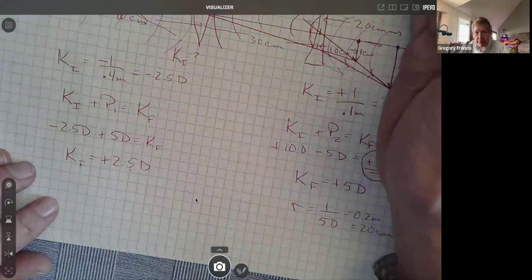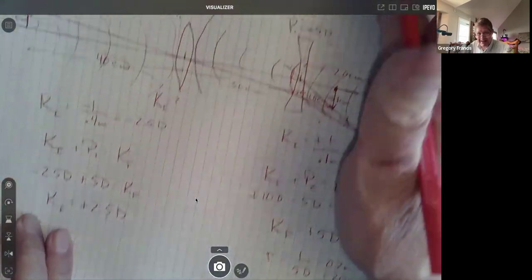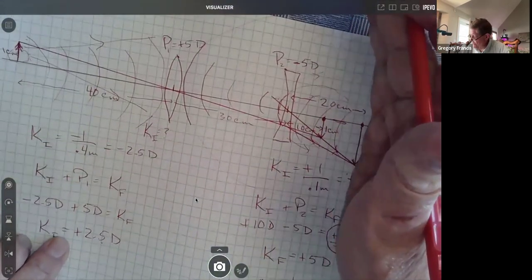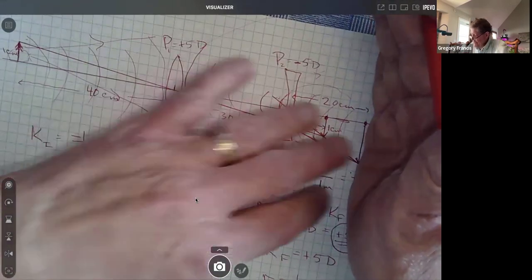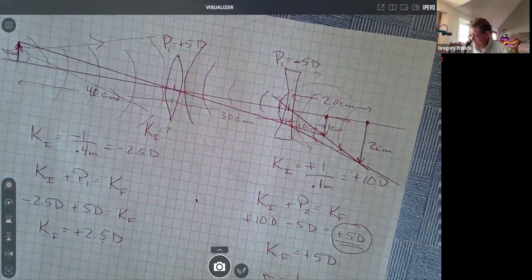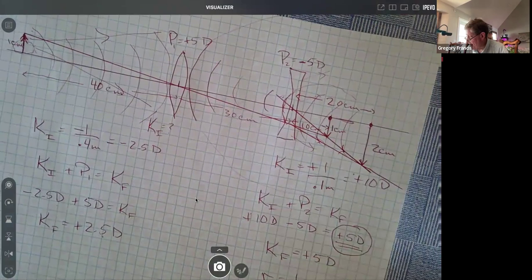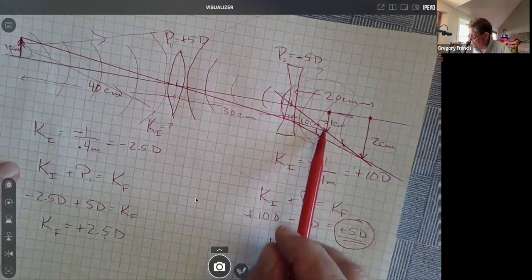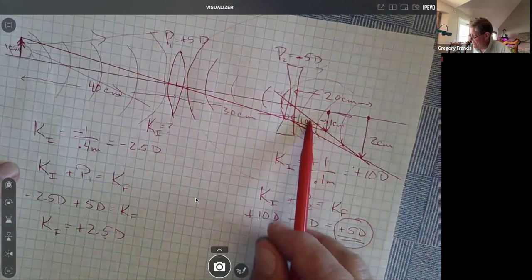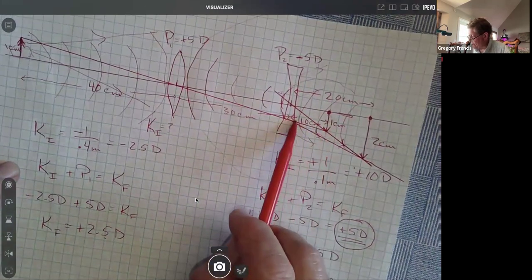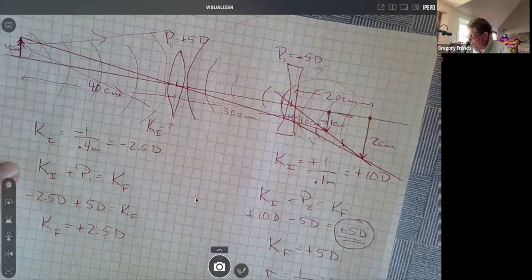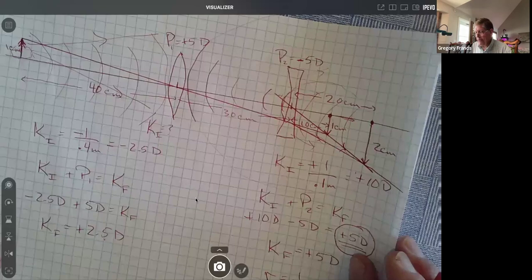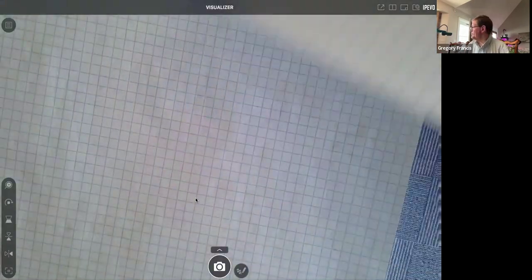I could put a piece of paper at this location, and it would project that image onto that screen. Okay. But in this problem, there really is only the one image, because this one never got formed because the light was diverted before we were able to form that image.